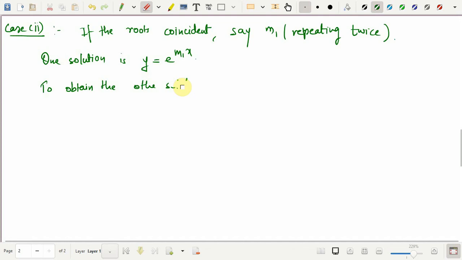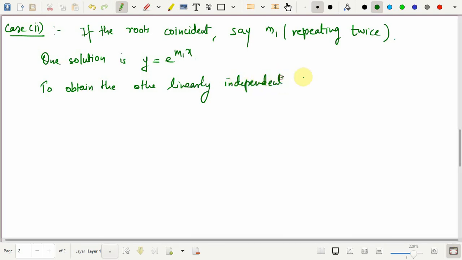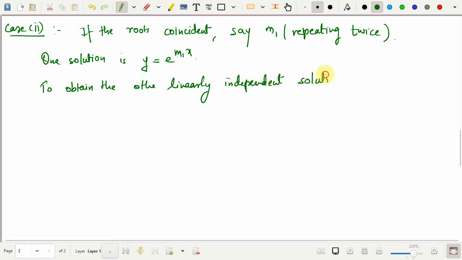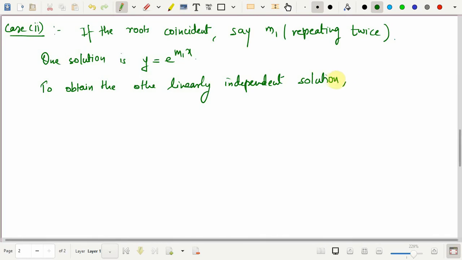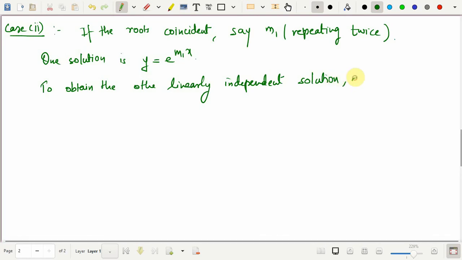In fact, that is important, to obtain the other linearly independent solution of (1).